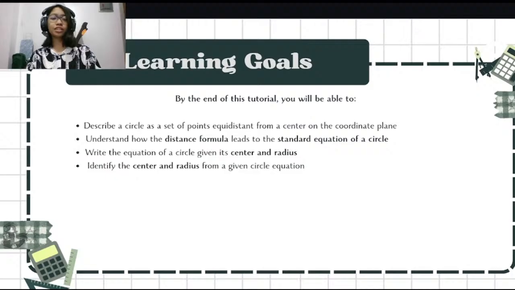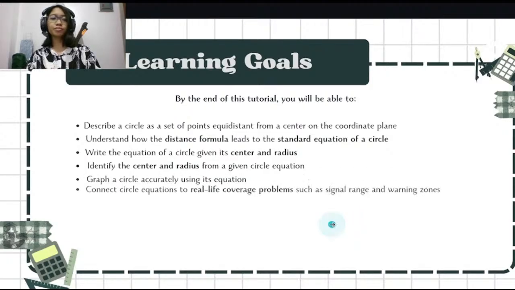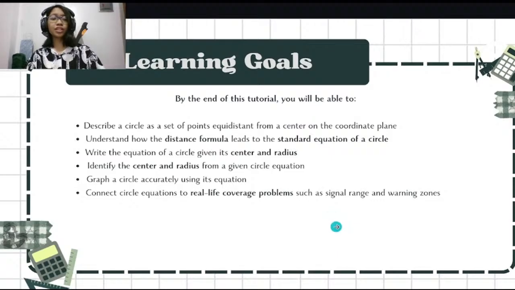Identify the center and radius from a given circle equation. Graph a circle accurately using its equation. Connect the circle equation to real-life coverage problems, such as signal range and warning zones. Use Desmos to visualize and verify circle coverage mathematically.